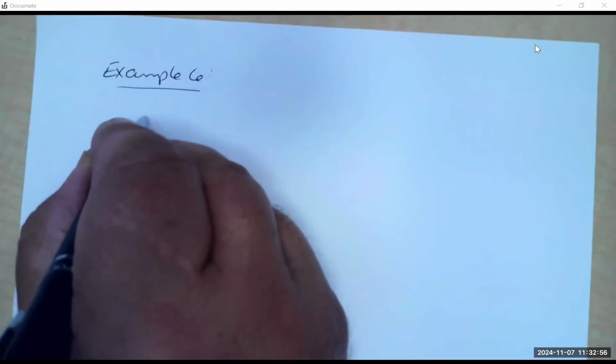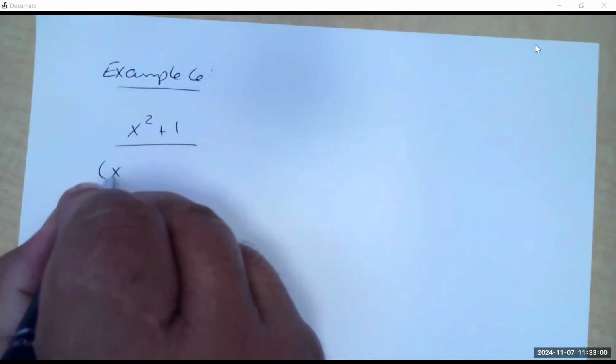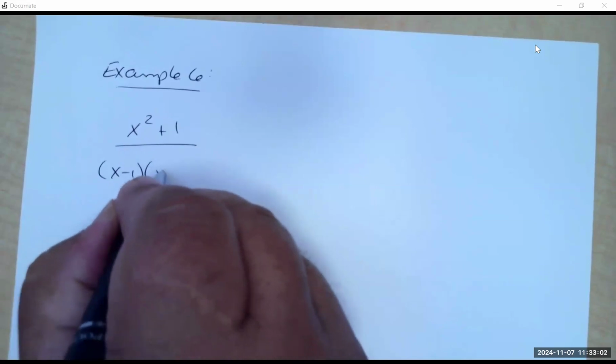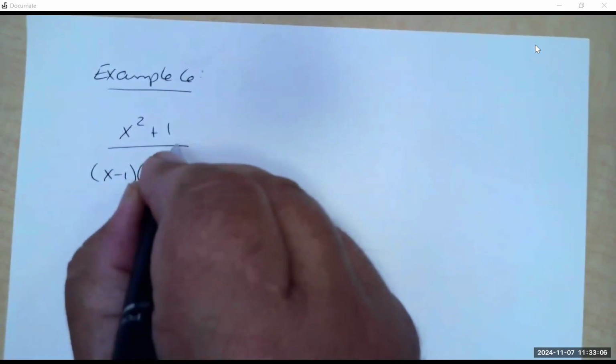Example 6. This one's just asking find A, B, and C in the partial fraction expansion. So we have x squared plus 1 over x minus 1, x minus 2, x minus 3.